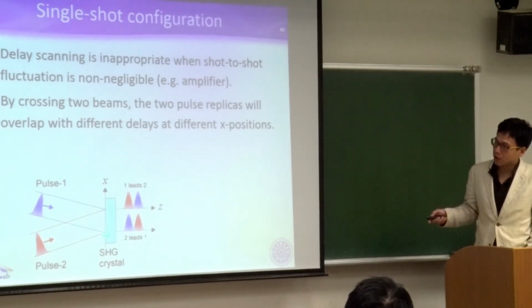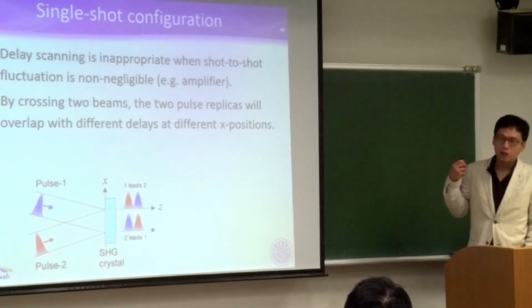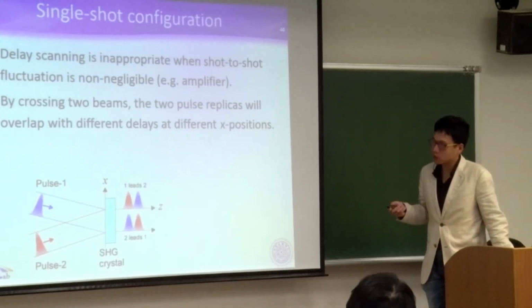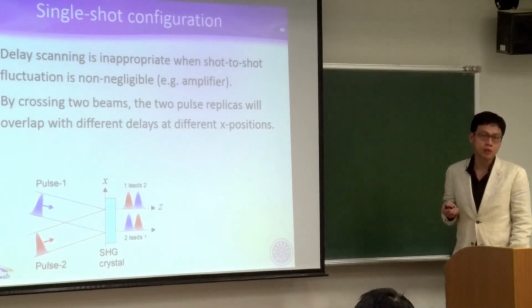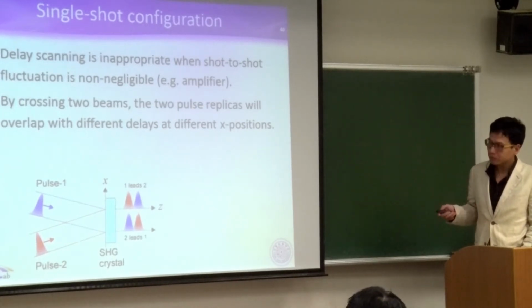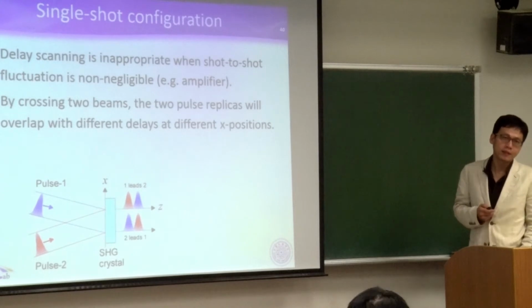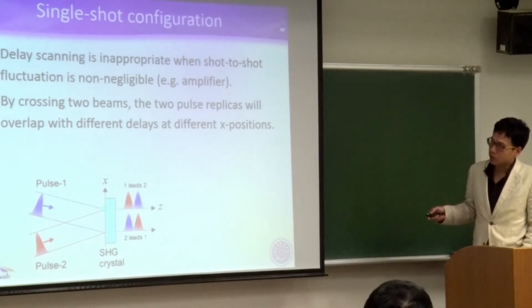Pulse 2 hits this position and pulse 1 only travels here. So it takes a longer time for pulse 1 to hit the same position as pulse 2 did. Okay? So at this position, pulse 2, the red one, leads pulse 1, the blue one.